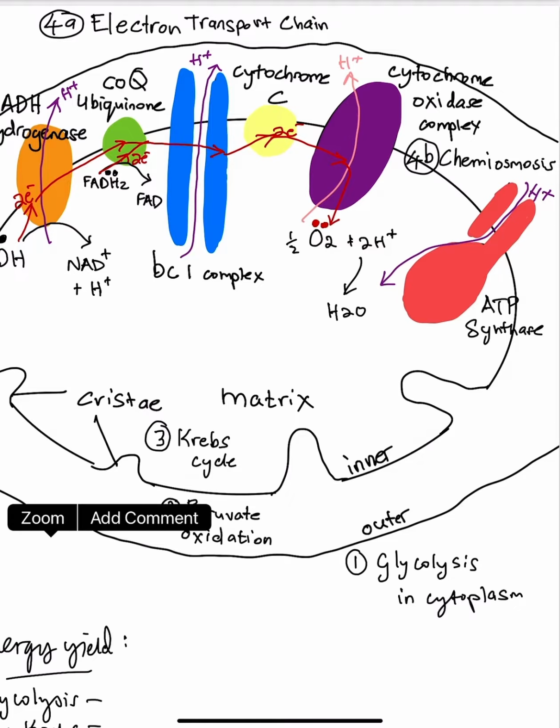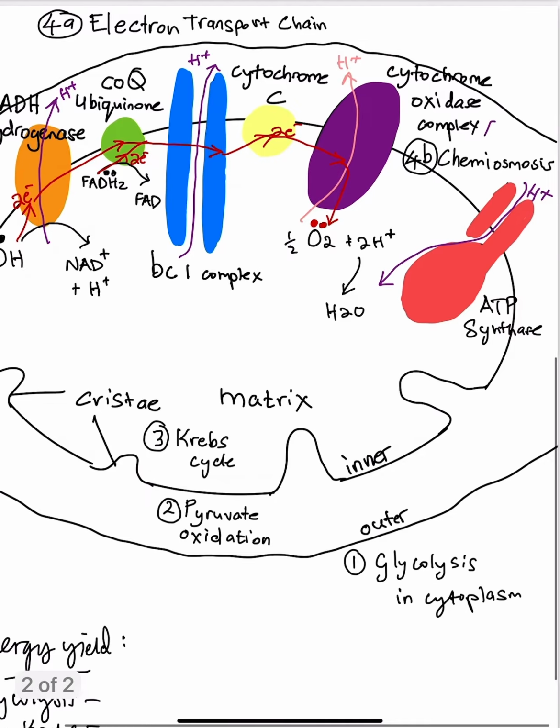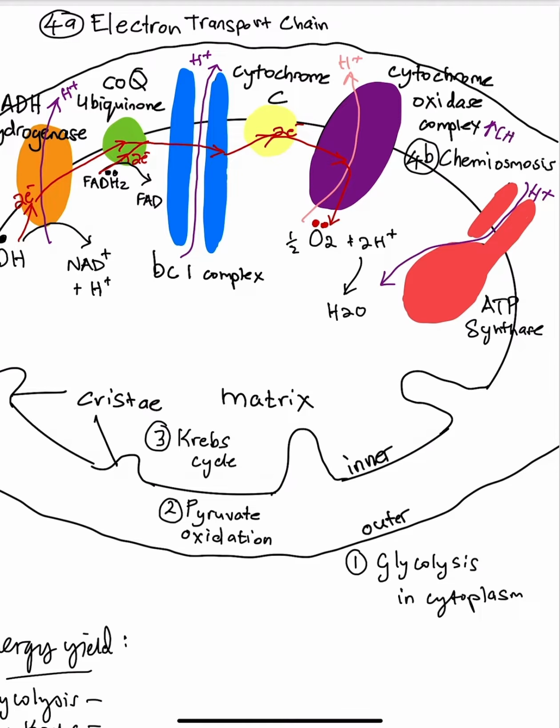enzyme. We had a high concentration of hydrogen ions here in the intermembrane space because remember, every time we had a hydrogen pumped through these complexes, they stayed in the intermembrane space and accumulated over there.